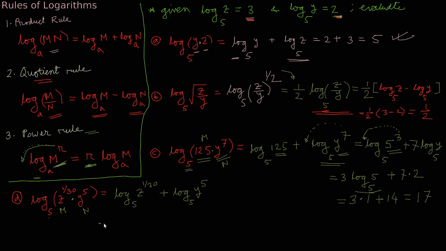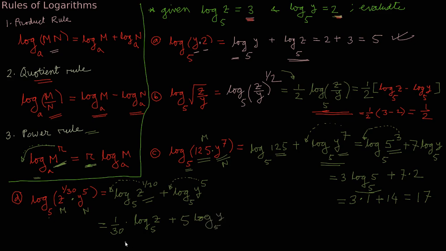So let's see. So this is again now power rule, z power 130. So the power 130 is going to come in the front of my logarithm. So I have 130 and then a logarithm z base 5 plus again this y power 5. So that power 5 is going to come at the front of the logarithm. So it is going to be 5 logarithm y base 5.